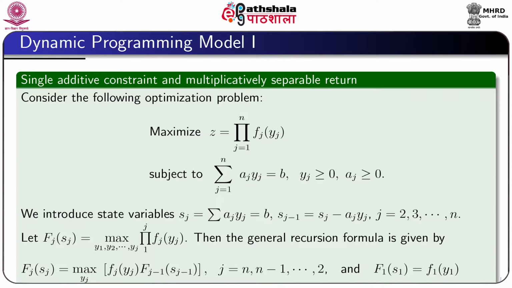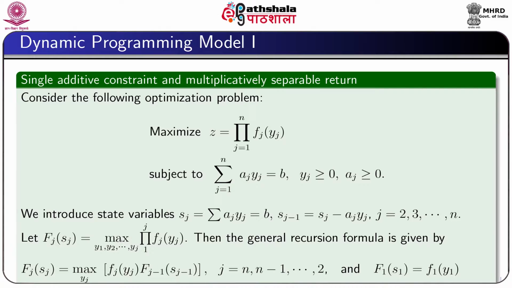If the system is continuous, then usual optimization methods are followed, and if the system is discrete, then tabular computation scheme is used. We now proceed to discuss dynamic programming model 1, which considers single additive constraint and multiplicatively separable return.